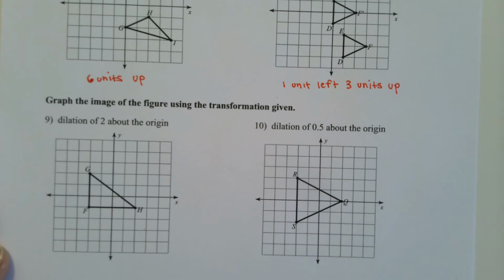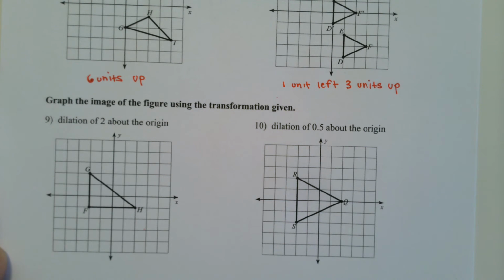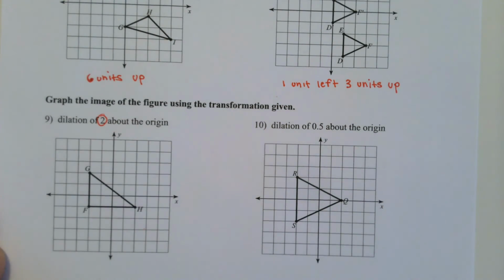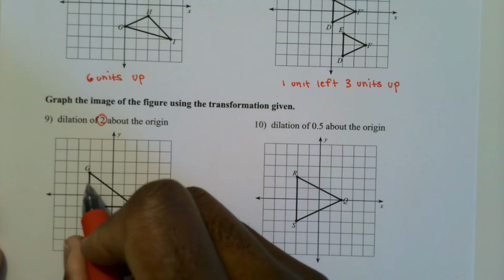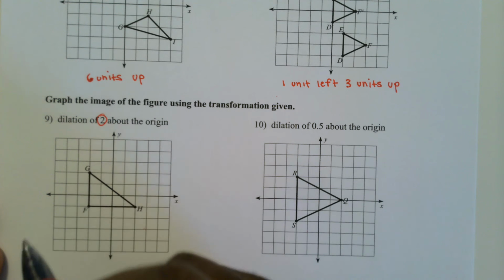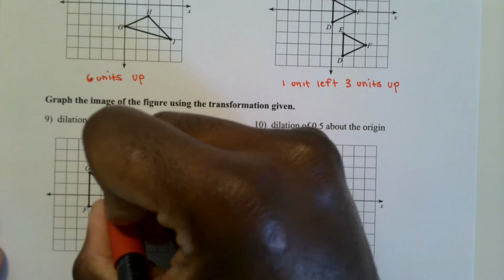Now, in order to perform these dilations, understand that you're going to double, in this case for question number 9, each coordinate based off of where they are. Okay, so that's what the dilation of 2 is telling us. It's telling us to double the coordinates of each ordered pair. All right, so as we can see, G has an ordered pair of -2, +2.